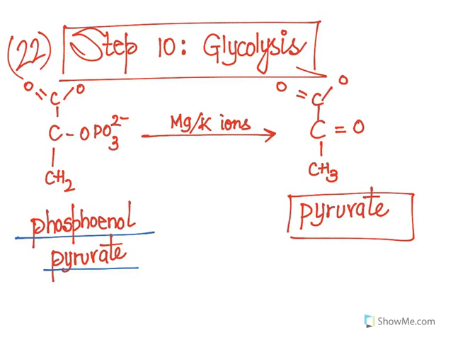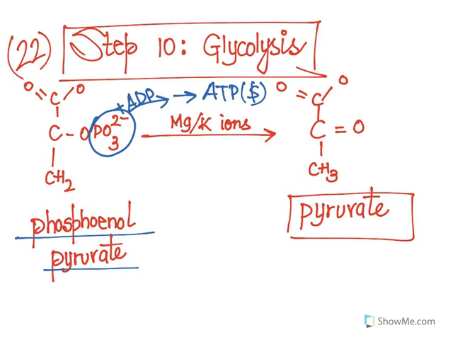Now, what is happening here basically? What you need to understand is that this phosphate group is going to be lost as part of this reaction. Now, where is it being lost to? It is going to be added to ADP, diphosphate, to give ATP, which is again the energy currency of the cell, and hence energy is released and it is an exothermic reaction.